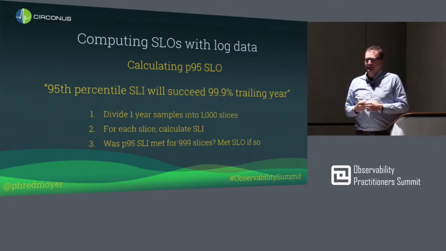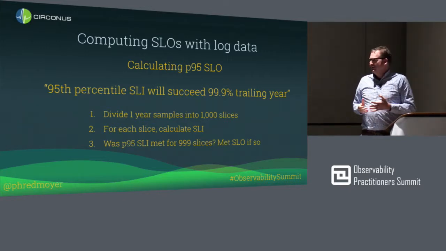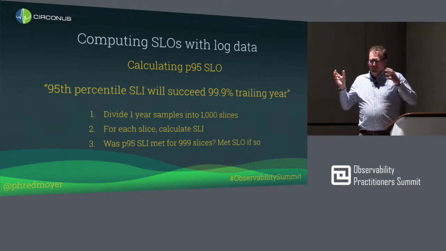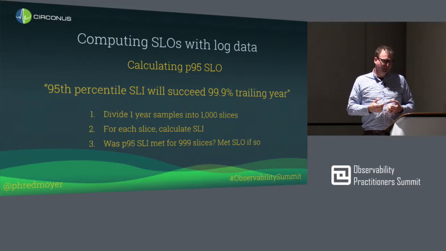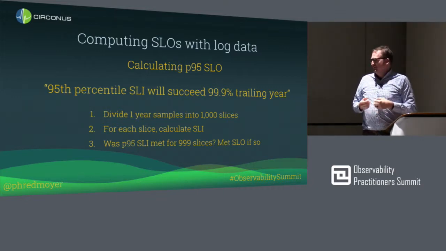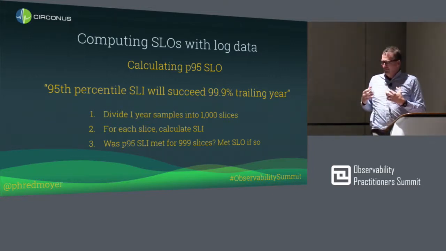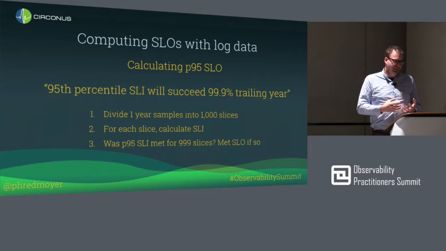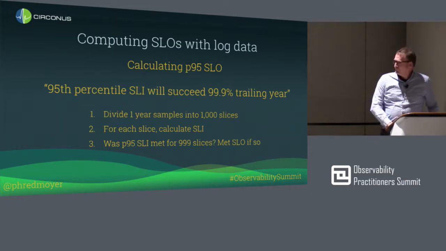And I can take that SLI and apply it over different time windows, see for which of those time windows it succeeds, and determine pretty easily if I've met my SLO. This is very straightforward math, very easy to implement. It's a bit computationally intensive and not that economically efficient, but it produces a correct result.